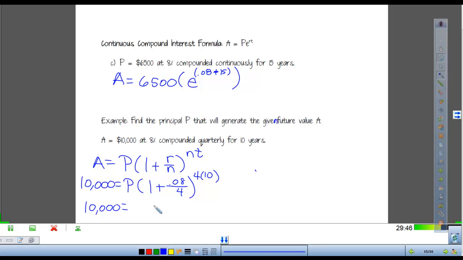equals whatever this is. So what's 1 plus 0.08 divided by 4, raised to the 40. I got 2.208 approximately. Okay. All right, I'm going to divide both sides by 2.208.